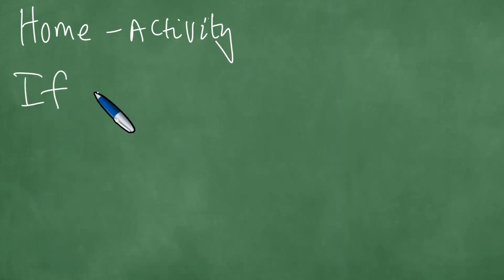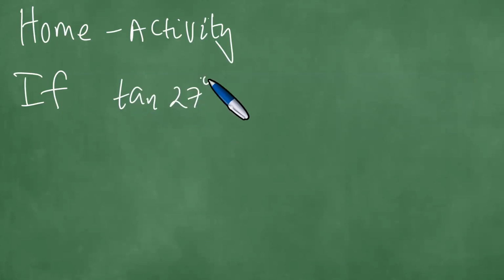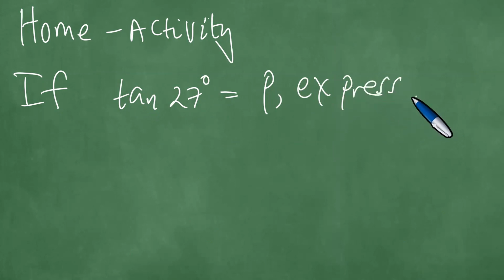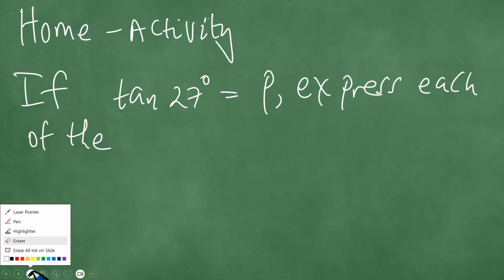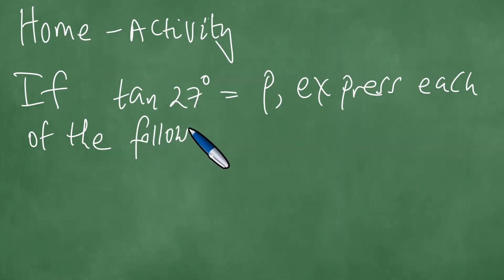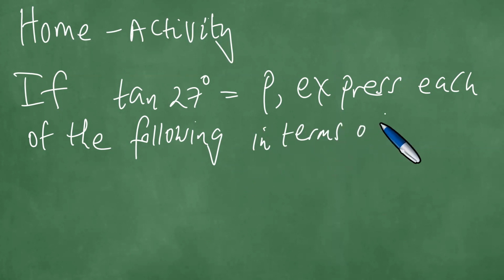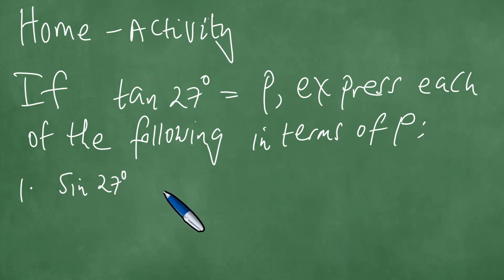If the tangent of 27 degrees equals P, express each of the following in terms of P. Number 2, 27 degrees.